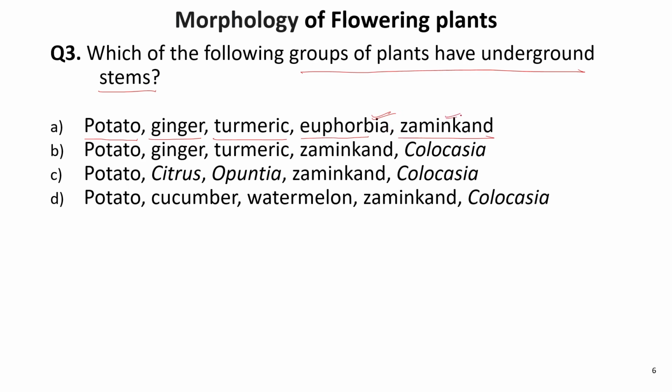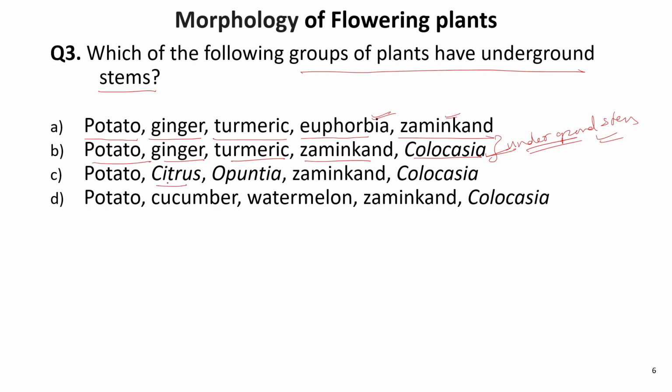Jamaican is an underground stem. Next option. Potato, ginger, turmeric, jamaican, and colocasia. Yes, colocasia also has the underground stem. All these are underground stems. All these plants bear underground stem.